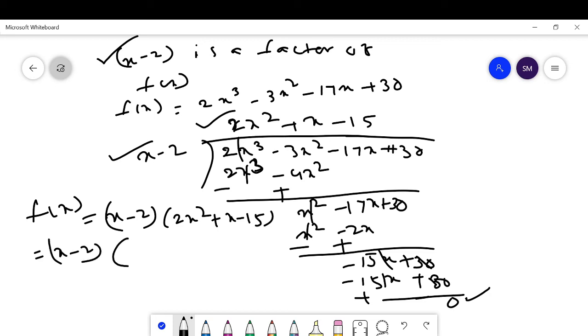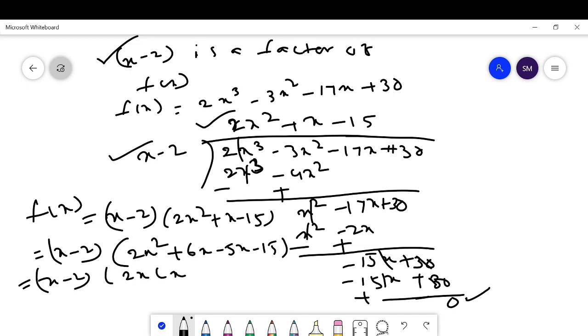We can factorize this 2x square plus x minus 15 by using middle factor factorization. Split the x into 6x minus 5x minus 15. Then x minus 2, 2x common: x plus 3, minus 5 common: x plus 3.